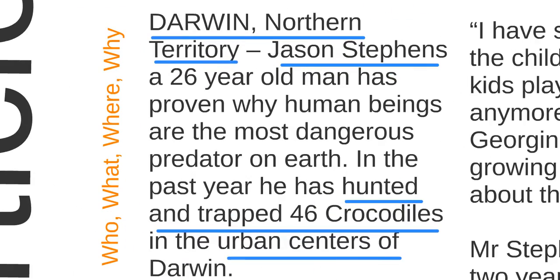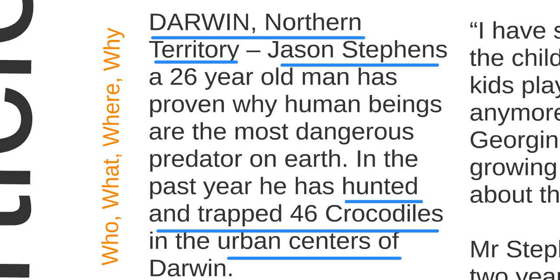The first paragraph has to include your 5 W's, your who, what, when, where and why. In the byline we've already included the when, we have the date. So now we just want to include the who, what, where and why. So it reads, Darwin, Northern Territory. Jason Stevens, a 26-year-old man, has proven why human beings are the most dangerous predator on Earth.